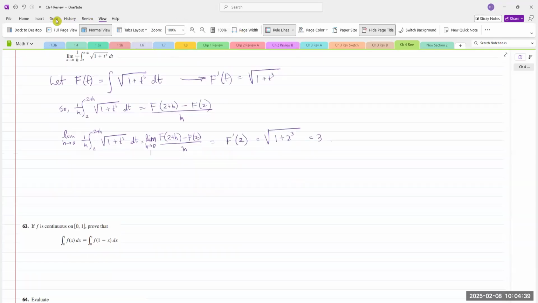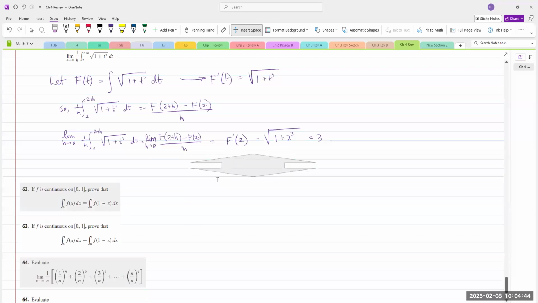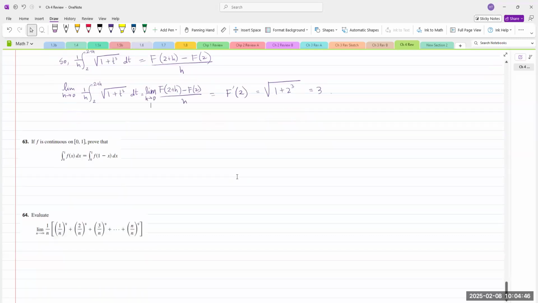And then number 63, if f is continuous, prove this. I will do substitution. The integral from 0 to 1 of f(1 minus x) dx, if I do substitution, u equals 1 minus x, du is negative dx, u at 0 is 1, u at 1 is 0.